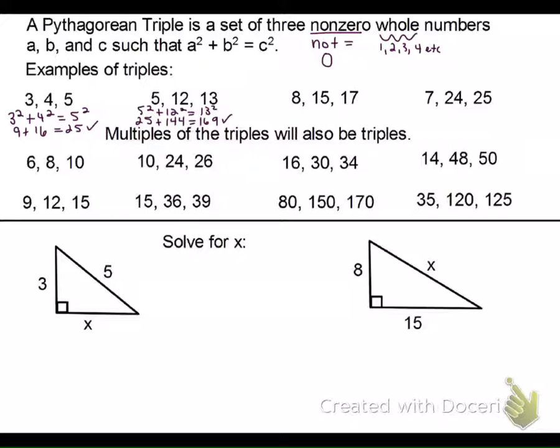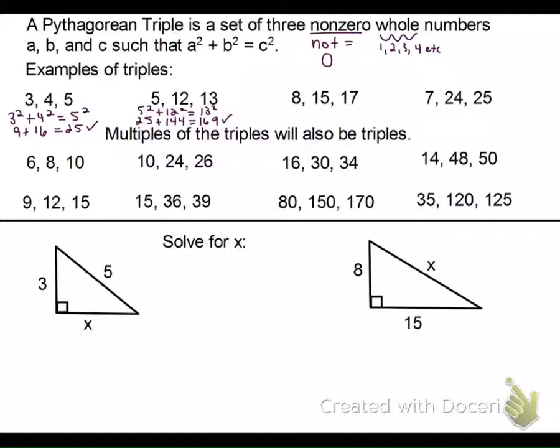Okay, so let's freeze for a second here. You can also have multiples of triples. These are called a family. The base of the family is the one without the division. So this is a 3, 4, 5. A 6, 8, 10 is part of the 3, 4, 5 family. Why would I tell you 6, 8, 10 is part of the 3, 4, 5 family? Who can see why? Yeah.